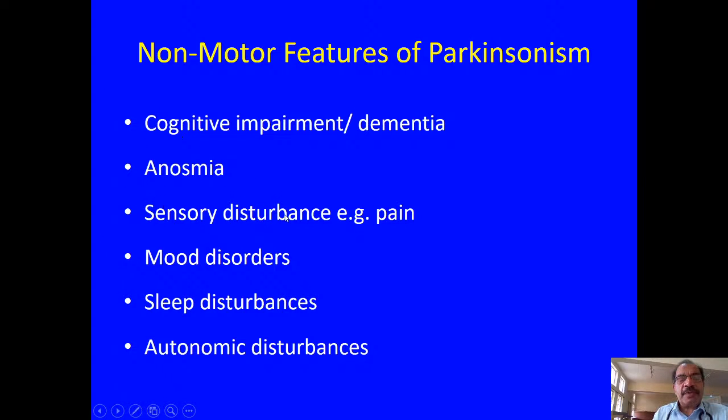Sometimes they have some sensory disturbance. Subjective manifestations are seen more often than objective. Then the patient may have some neuropsychiatric manifestations, and subsequently autonomic dysfunction may come. Again, at what time autonomic dysfunction comes depends upon the type of Parkinsonism. If you are talking about Parkinson disease, these features will come later in the course of the disease. If the patient has Parkinsonism plus, then autonomic dysfunction and cognitive dysfunction will come early.